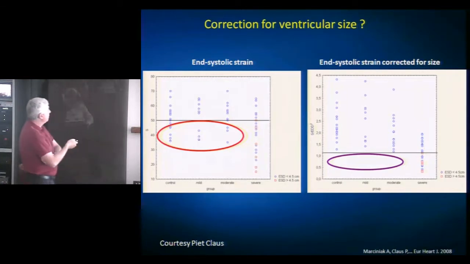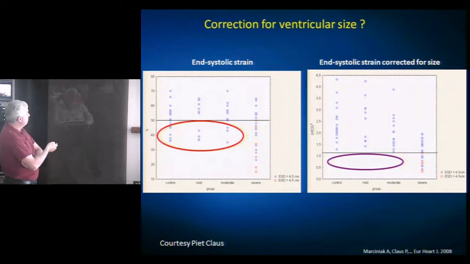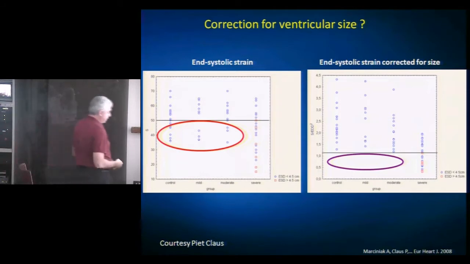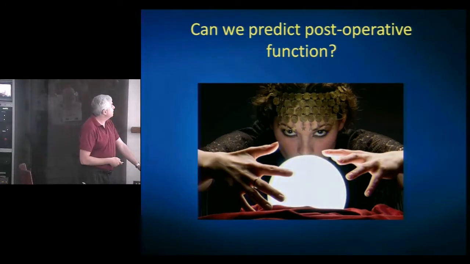So if you don't correct for ventricular volume, then many patients have abnormal values despite them being mild or moderate. But if you correct, and this is the strain versus that, if you correct for size, you can then pretty much pick out those patients that have decreased deformation and really do need that surgery.